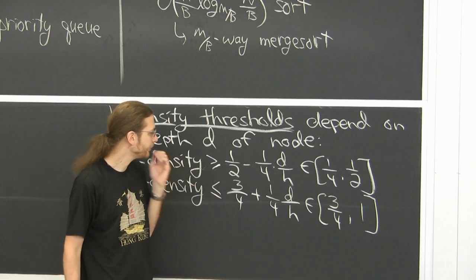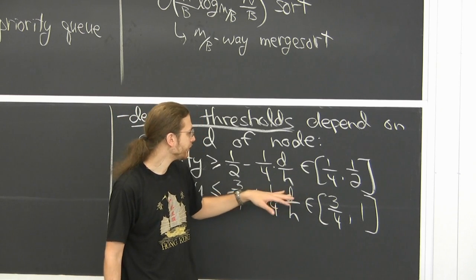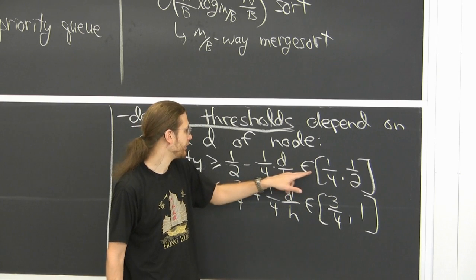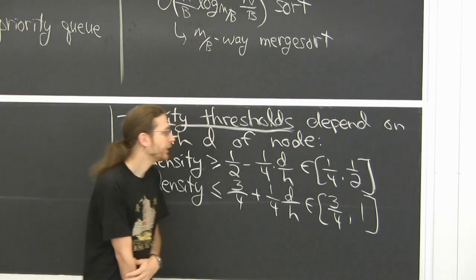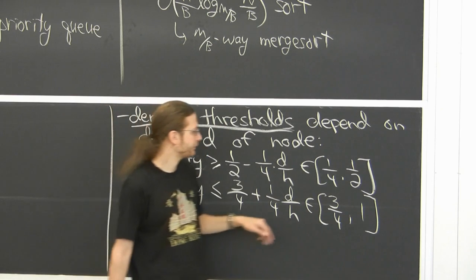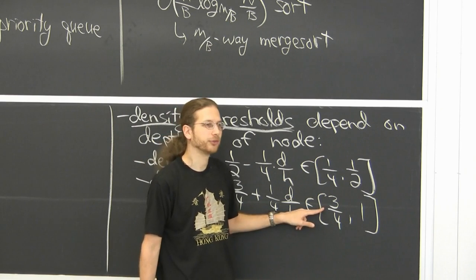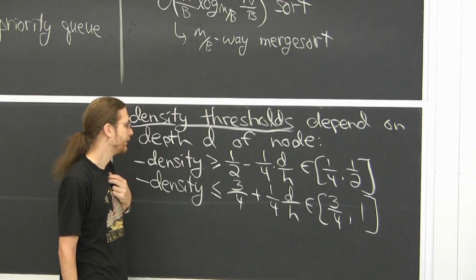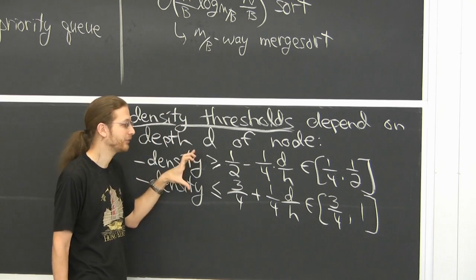So at the bottom, I was a little bit off. At the bottom, the leaf level, when these are both h, the density has to be at least 1/4 and at most 100%. And then at the root, it's going to have to be between 1/2 and 3/4. So it's a narrower range. And the higher you go up, the more narrow the range on the density gets.